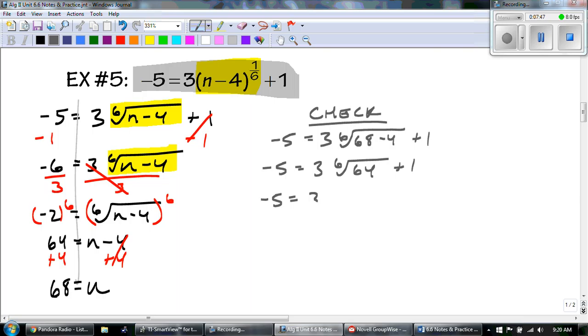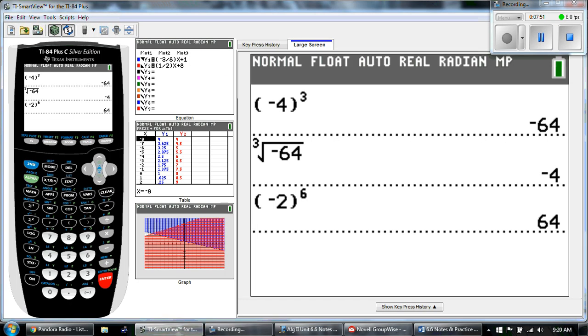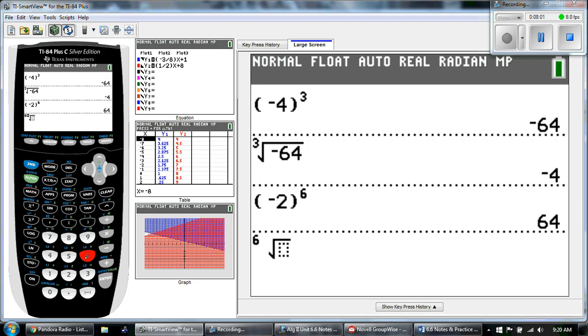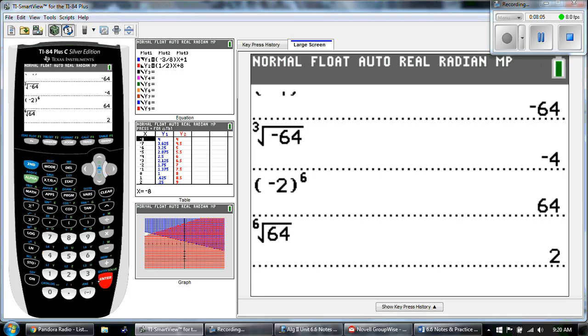If you have your little cheat sheet, you can use that, but if you don't have it in front of you right now, you can go to math. If you see number 5 on mine, x root, okay, we can do a 6 right there, and then go 64 inside to get 2 is our answer.